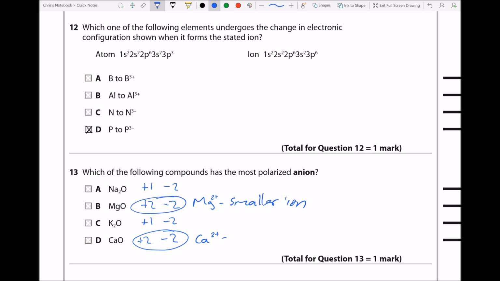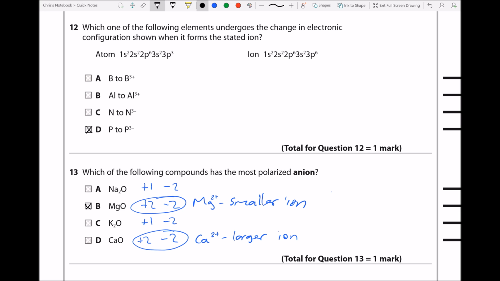Calcium is lower down the periodic table, and therefore it's a larger ion. Because it's a larger ion, its 2+ charge is spread over a larger area, so the concentration of charge isn't as great. So this means that actually the answer is magnesium oxide, because you have that much greater charge density, therefore you have a more polarized anion as well. So we're just going to write our answer. So our answer is going to be B.